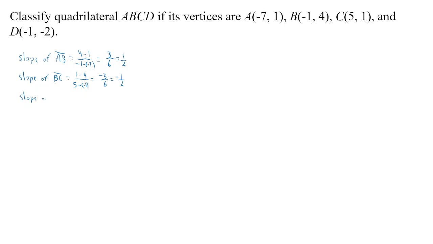The slope of segment CD, all right, this is negative 2 minus 1 over negative 1 minus 5. Negative 2 minus 1 is negative 3. Negative 1 minus 5 is negative 6, which is positive 1/2.